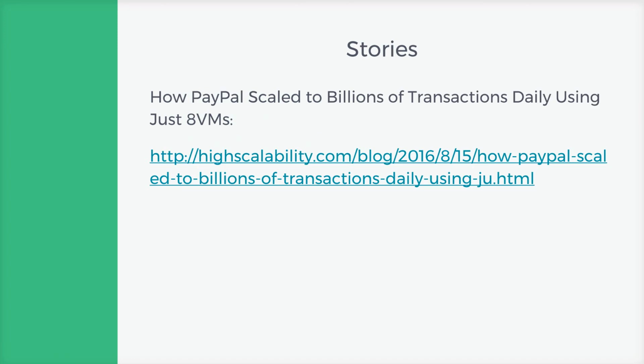Talking a little bit about companies using Scala, we have the amazing case of PayPal, where PayPal was telling us that they scaled to handle billions of transactions per day using only 8 virtual machines.